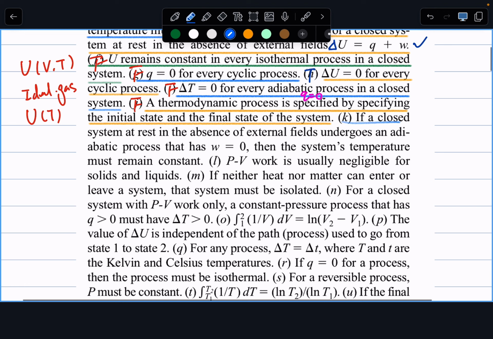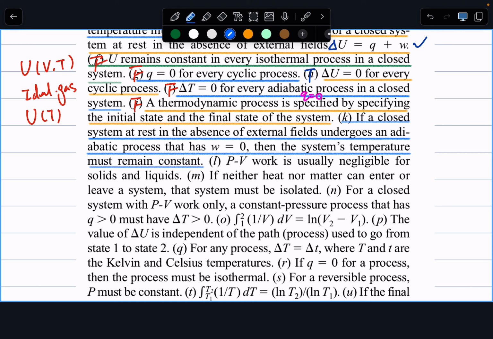Next up, if a closed system at rest in the absence of external field undergoes an adiabatic process that has W equals 0, the system's temperature must remain constant. This one is a longer one, so let's read it and see what we know.